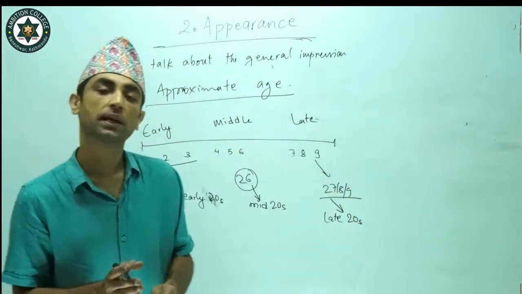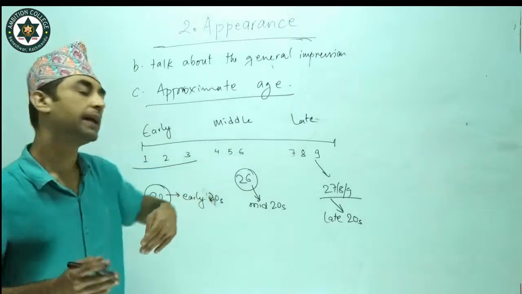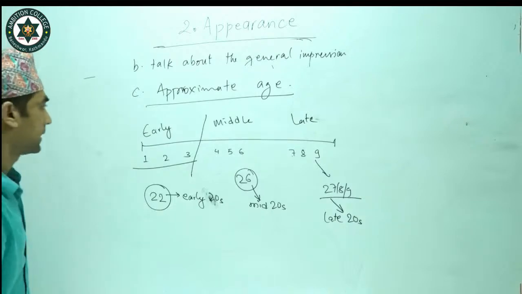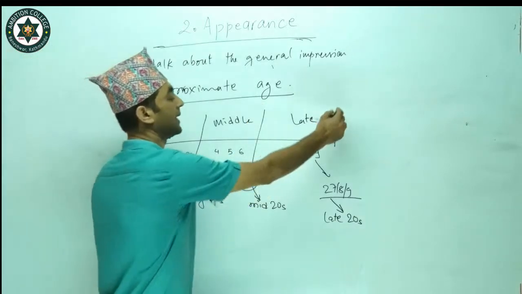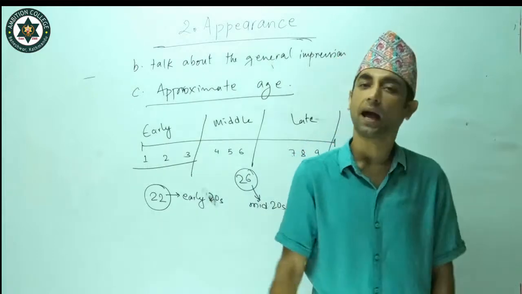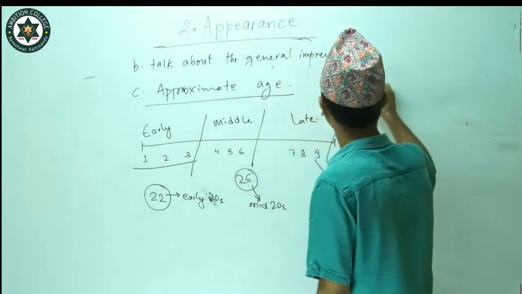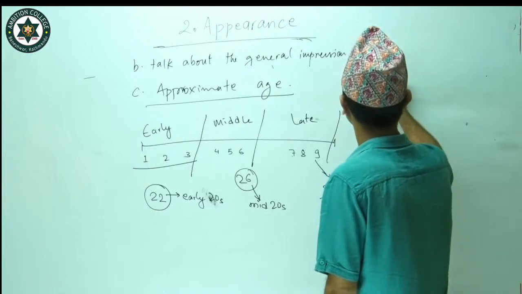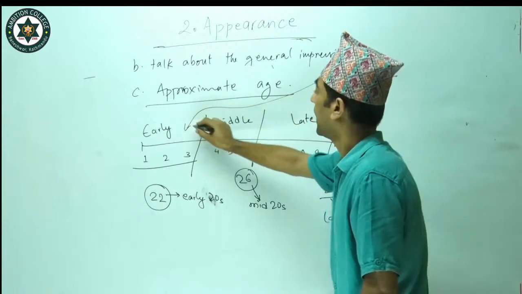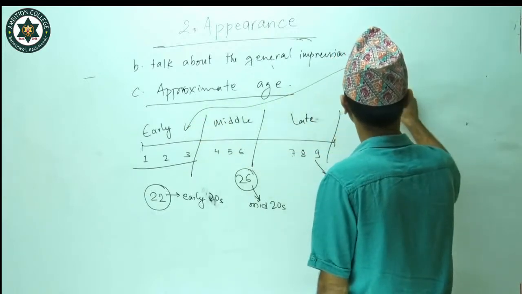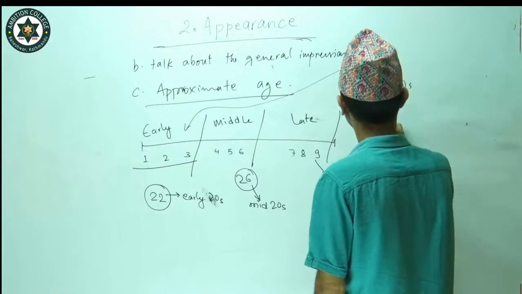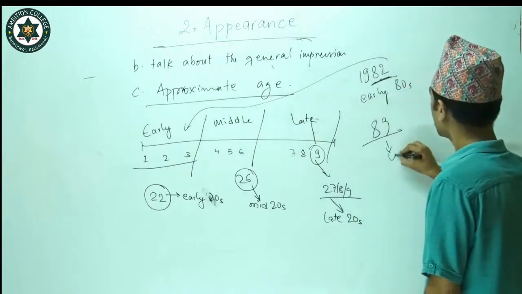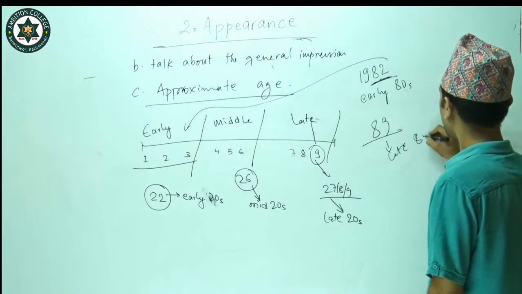So with the division of this scale, the 3 digits that fall first belong to the early age. Middle is 4, 5, 6 and late is 7, 8 and 9. If someone is born in 1982, we say he was born in the 80s; 2 comes in early, so this means early 80s. If someone is born in 89, 9 comes in late, so this is late 80s.